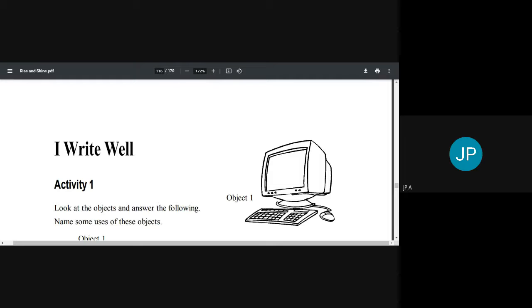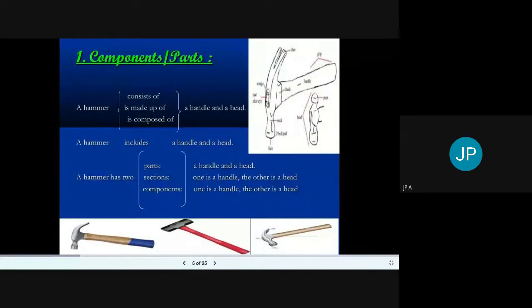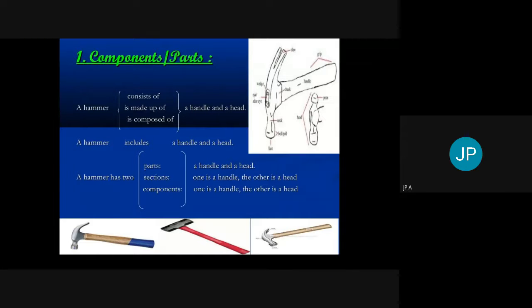You can use different words like this when you have a description of a hammer. Here it is described that the hammer consists of, or it's made up of, or it's composed of a handle and a head. You can use different words like this.